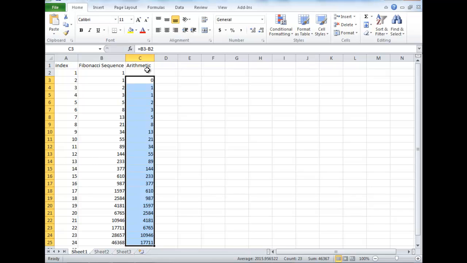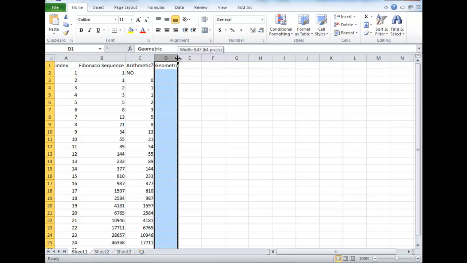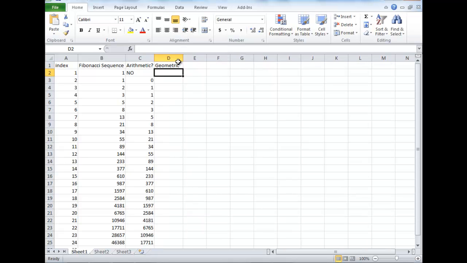Okay, so is it arithmetic? No. Is it geometric? Let's get a question mark on there. Ratio of 2 successive terms.